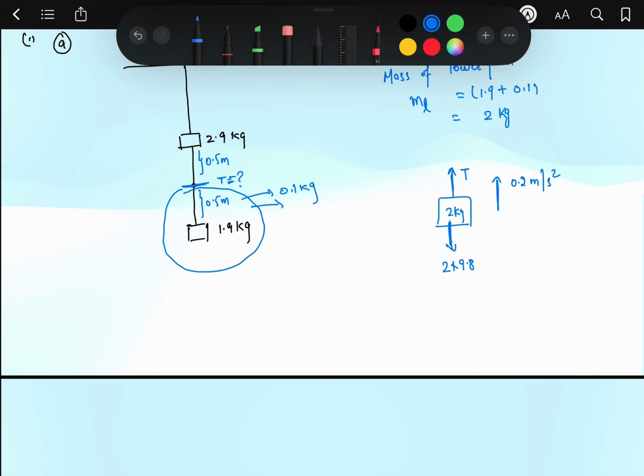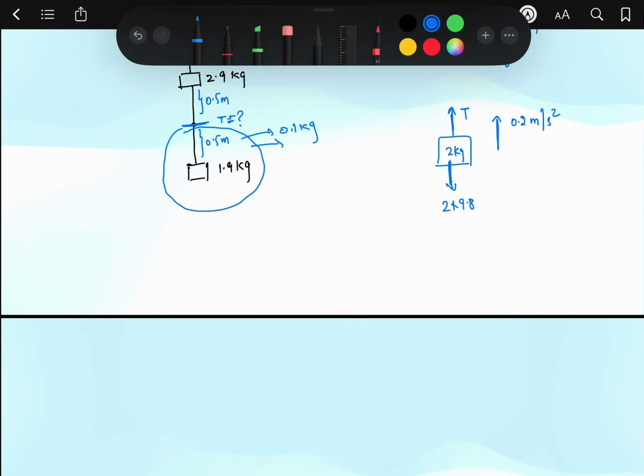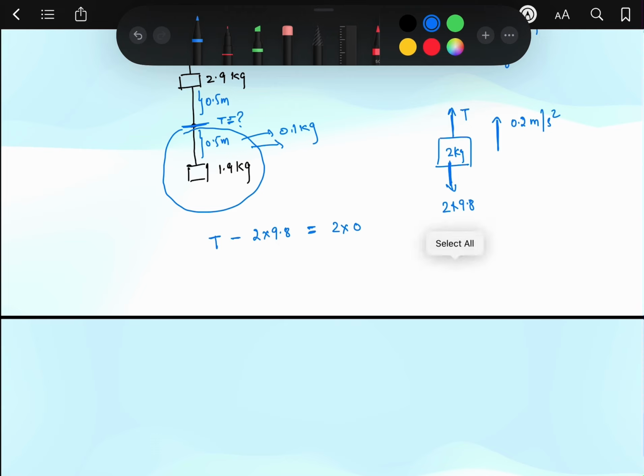So if I write the equation of motion for this body, then upward force T minus downward force, that is 2 into 9.8, is equal to mass into acceleration, that is 2 multiplied by 0.2.